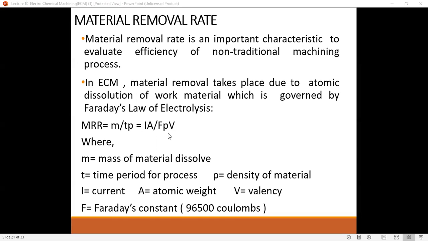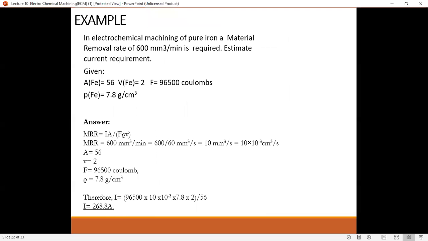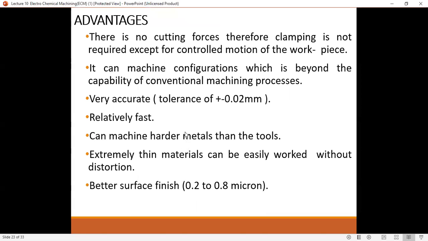Based on this equation, you can calculate what the MRR for that particular process is going to be. Again, if you have any question, just ask me. This is an example of the calculation. I'm not going to go through it. There's a solution in it.